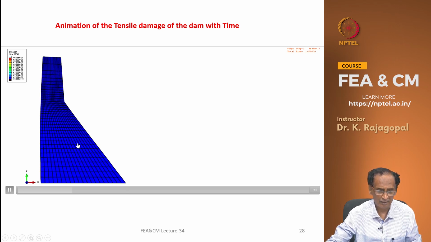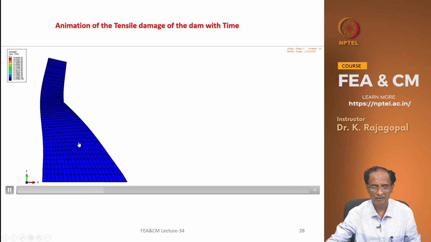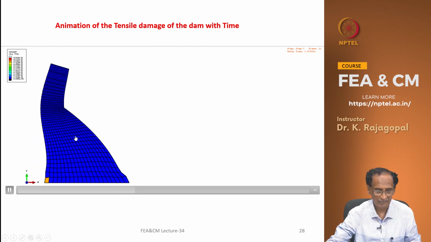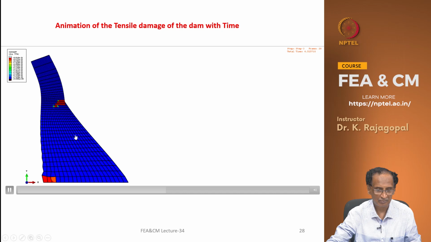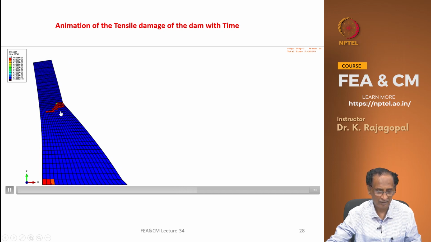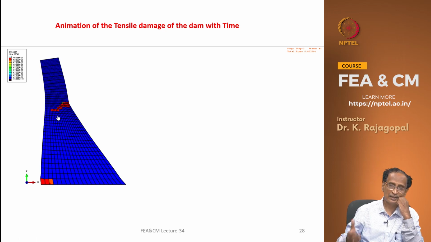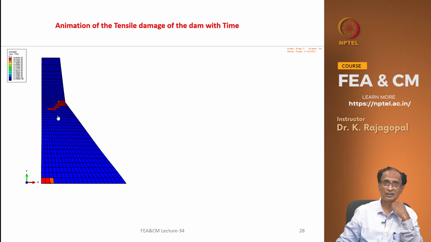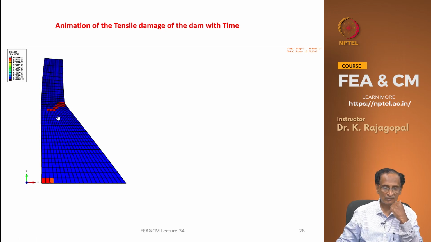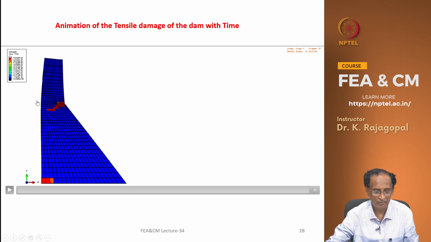We can see the red dots that indicate the tensile stress. All these red dots indicate the locations where the tensile stresses are more than the capacity of the concrete, and we can assume that all these zones have failed.